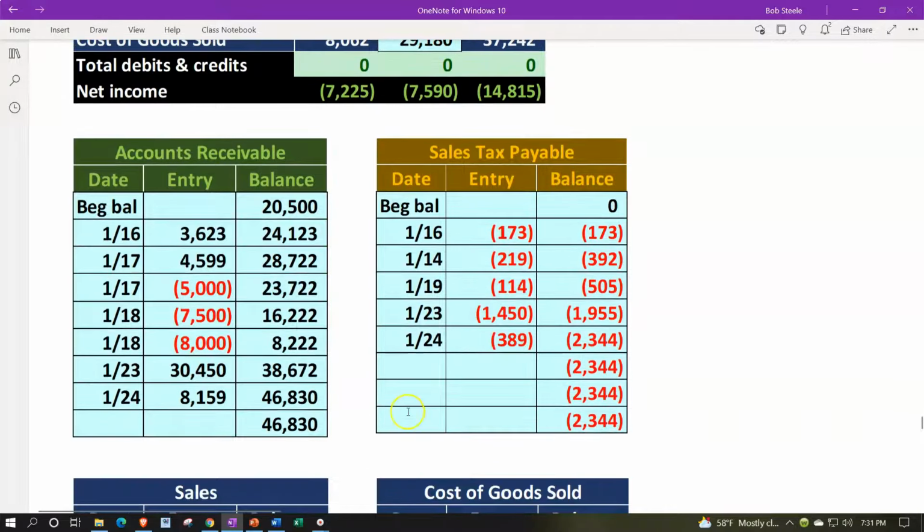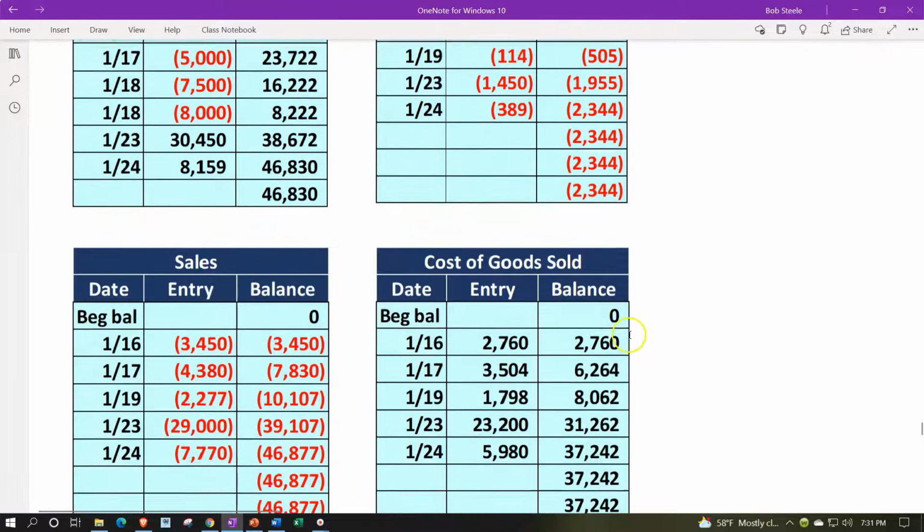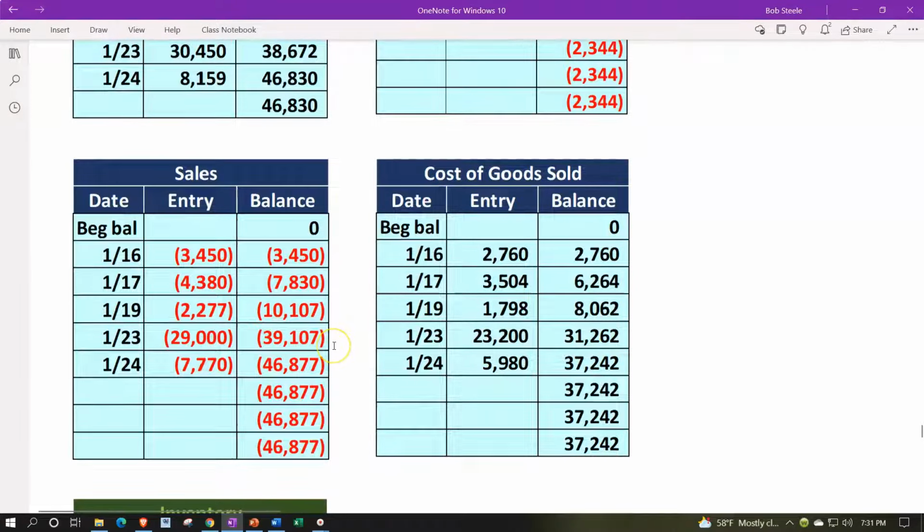Let's look at the GL to get a little bit more detail. Last time we were at $38,672 for the accounts receivable, which goes up by $8,159 to $46,830. For the sales tax payable, we were at $1,955, up by $389 to $2,344. Sales was at $39,107, up by $7,770 to $46,877.